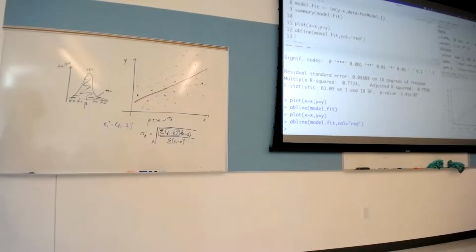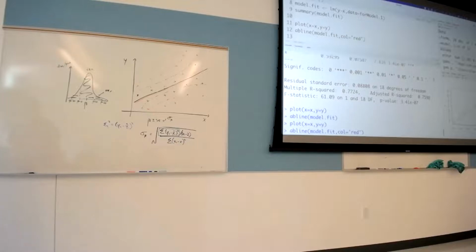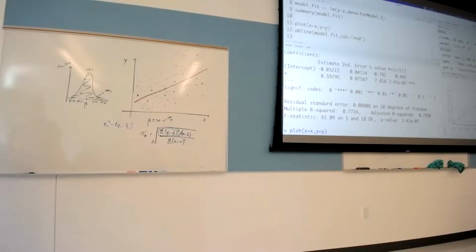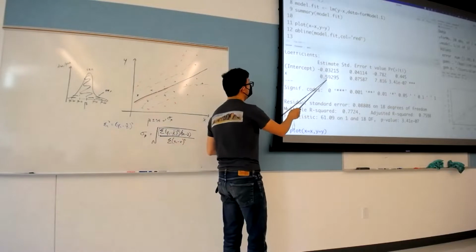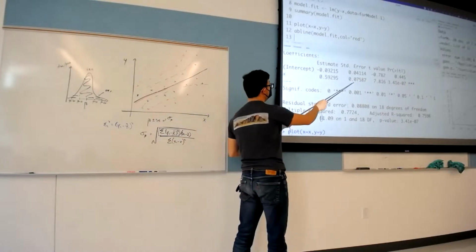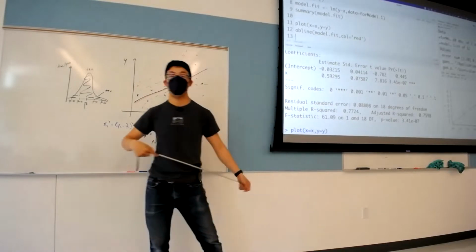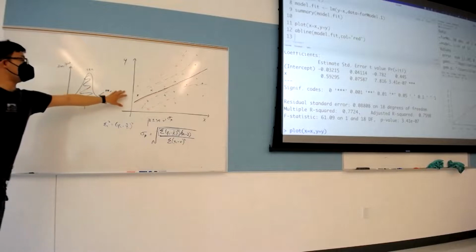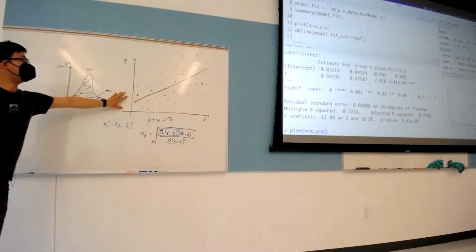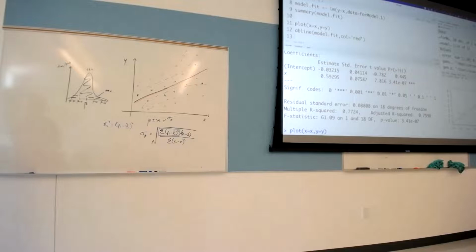Okay, so note specifically, just keep this in your mind right now, our estimate of 0.59 and our standard error of 0.075. What I'm going to do now is demonstrate this idea with these red points.